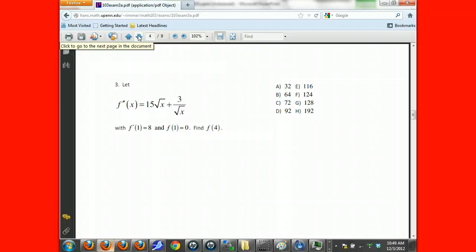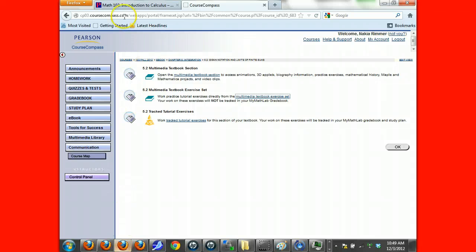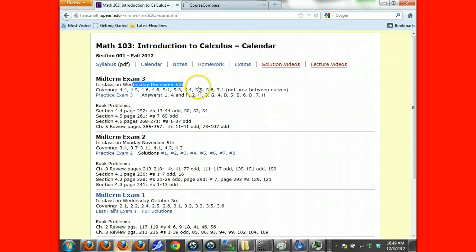I took the derivative, I took the integral, and I got this. I think it's right. Looks good. I went through the steps and I think I did them correctly, but I got 128. So I got G. The answer was something else? No, it should be 128. So number 3 is G.